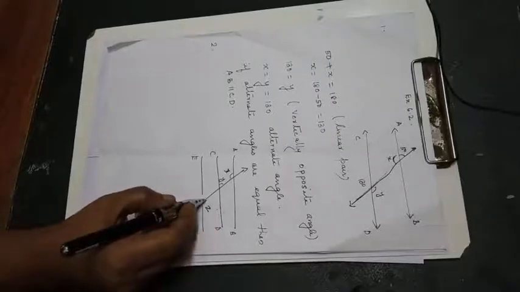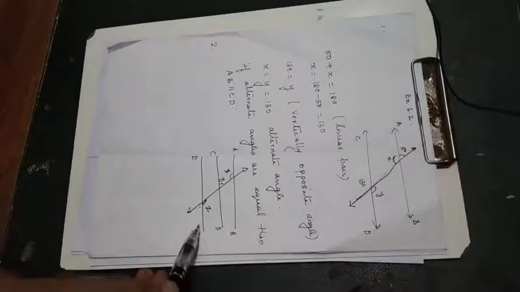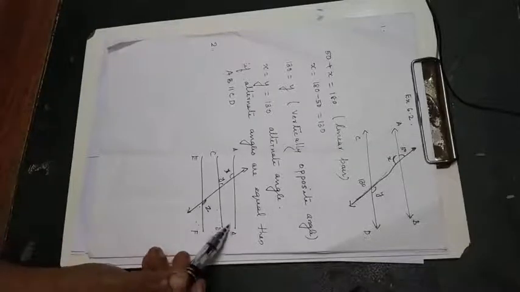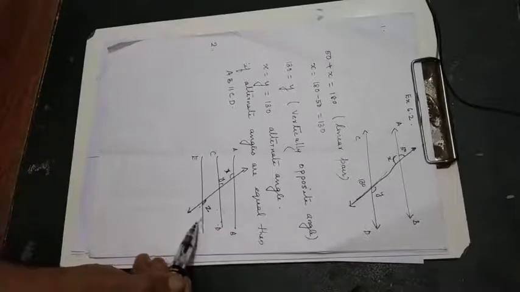Now let us discuss this one. As AB is parallel to CD and CD is parallel to EF, AB is parallel to EF. See, this one is parallel to this one, which is parallel to this. That means these two will be parallel lines.